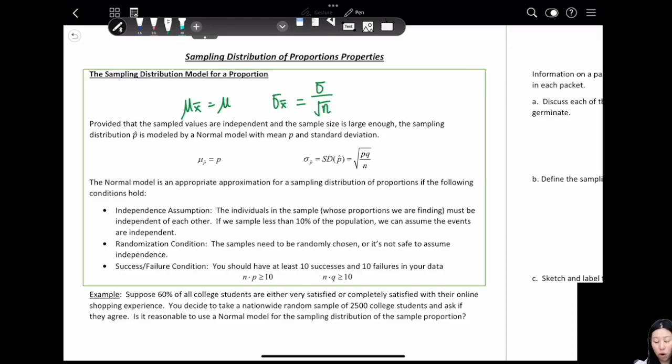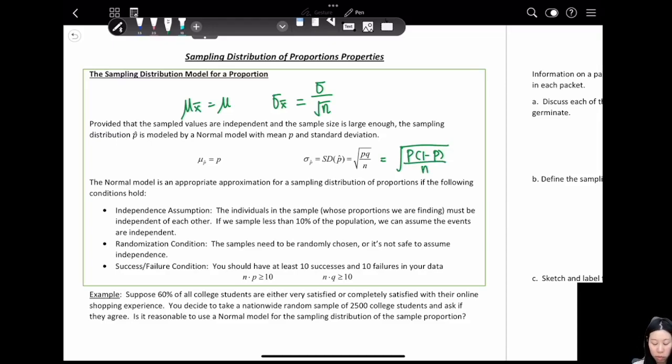Whereas for the sampling proportion, sigma equals the square root of the success rate times the failure rate divided by n. Or you can write it this way: the square root of p times 1 minus p, which is q, over n.